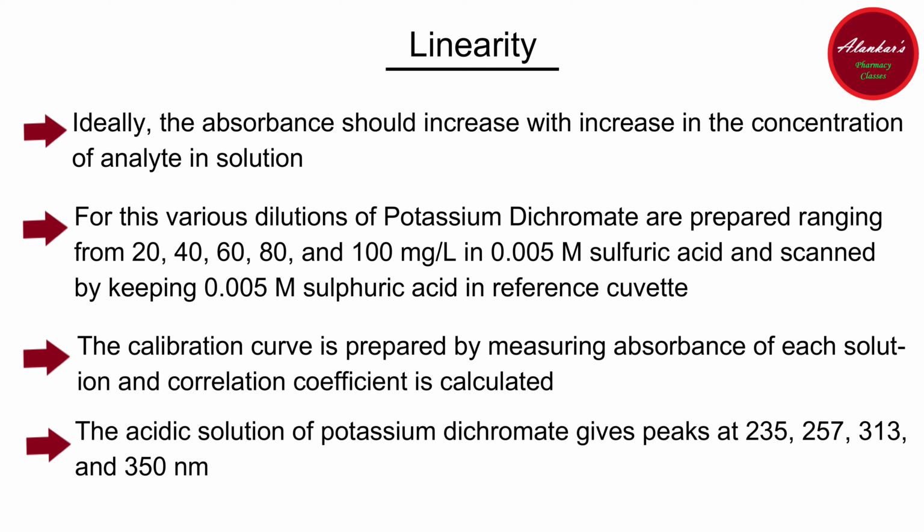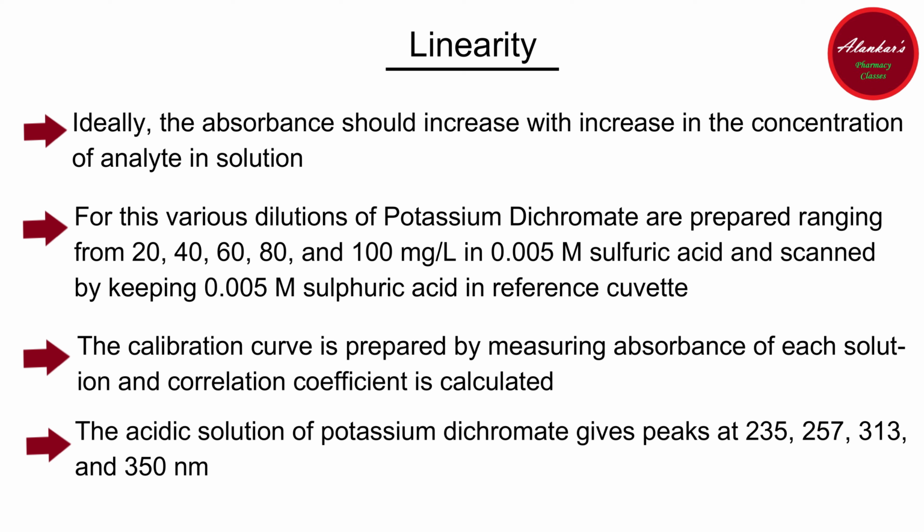Now next test is the linearity. Ideally the absorbance should increase with increase in the concentration of analyte in solution. For this purpose, various dilutions of potassium dichromate are prepared, ranging from 20, 40, 60, 80 and 100 mg per liter in 0.05 molar sulfuric acid solution, and scanned by keeping 0.05 molar sulfuric acid in the reference cuvette.